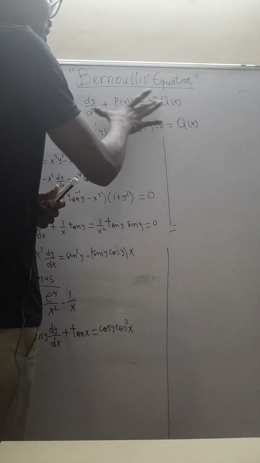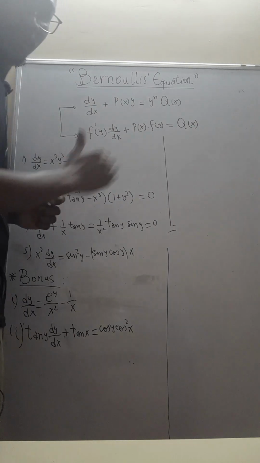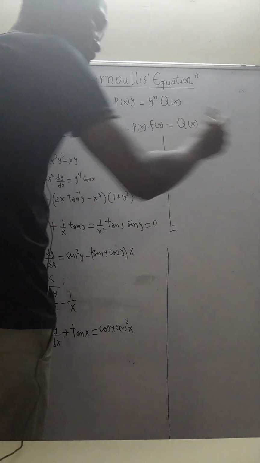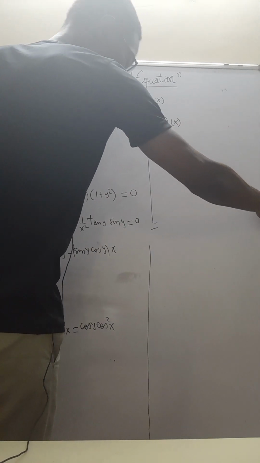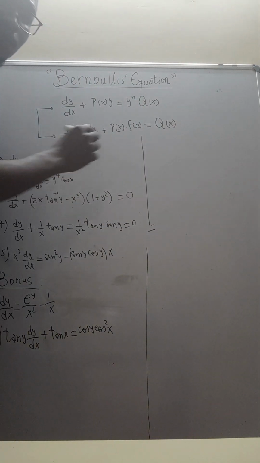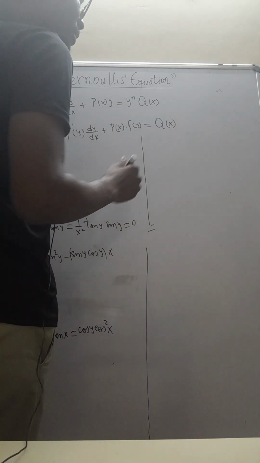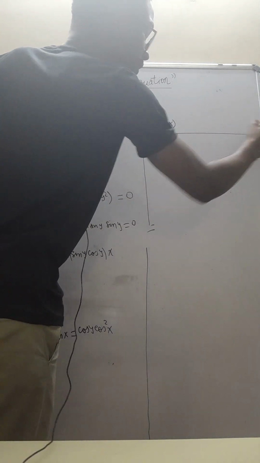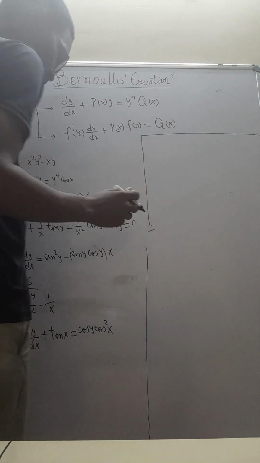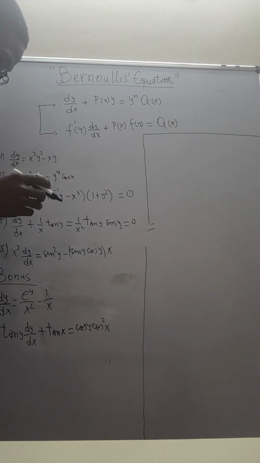To reduce this expression to a linear form, I will work on this side. What do we have to do? The first thing is, let me write this one. Hope you all can see from there.